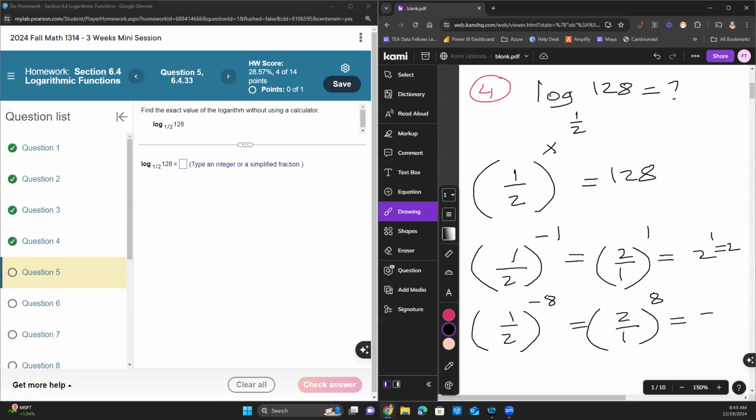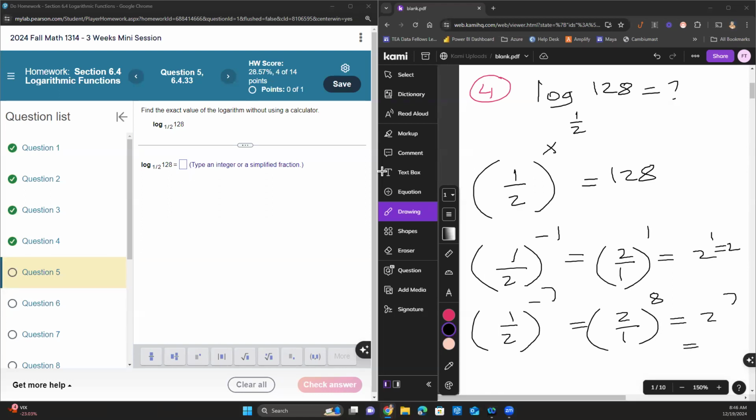So 2 over 1 is the same thing as 2, and then 2 to the power of 8 will give you, it's not 8 actually, because the 6th power is 64, and then this must be a 7. So I'm going to make this a negative 7 here. It just doesn't type it for me. So you know that we're going to get a negative 7 here.